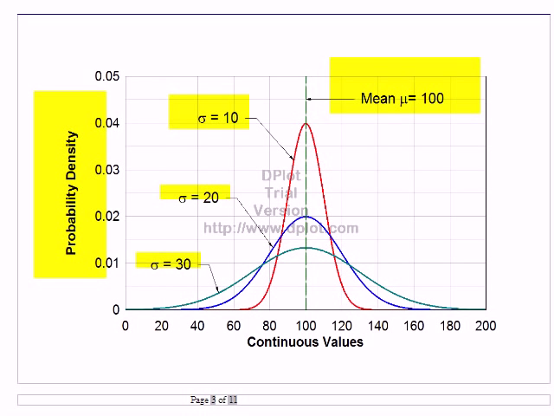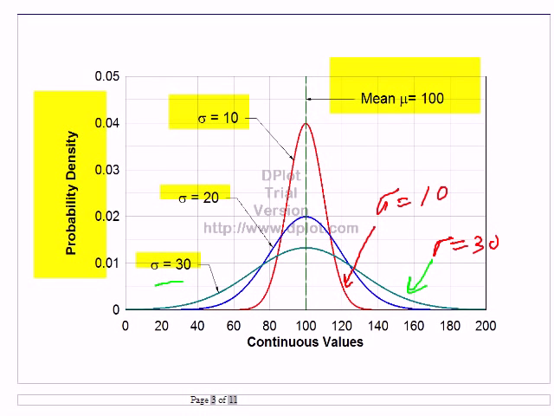So for this curve with a standard deviation of 30, you've got higher tails out here. That means there's more area out in the tail section than there is for a standard deviation of 10.